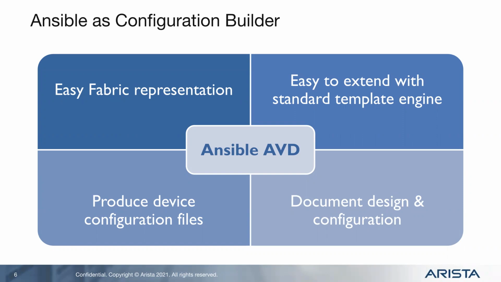Most networks you've seen in the past, they probably have some high-level documentation, but it gets out of date and it drifts over time as they update the configs and it doesn't change the docs. Because this is all part of the same playbook pipeline, you can be pretty sure, unless they've massively jacked up their playbooks, that the docs they have from AVD are the same as the actual configs they're deploying.